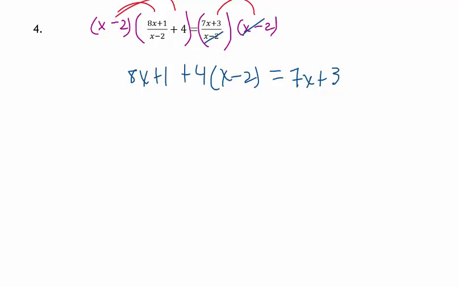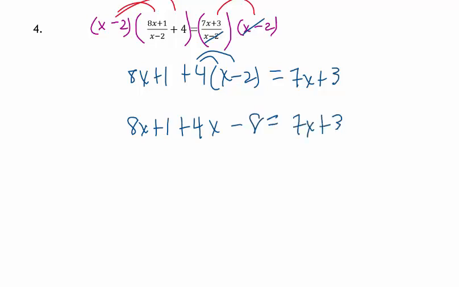So we have 8x plus 1, distribute the 4, so plus 4x minus 8 is equal to 7x plus 3. Combine like terms on the left.